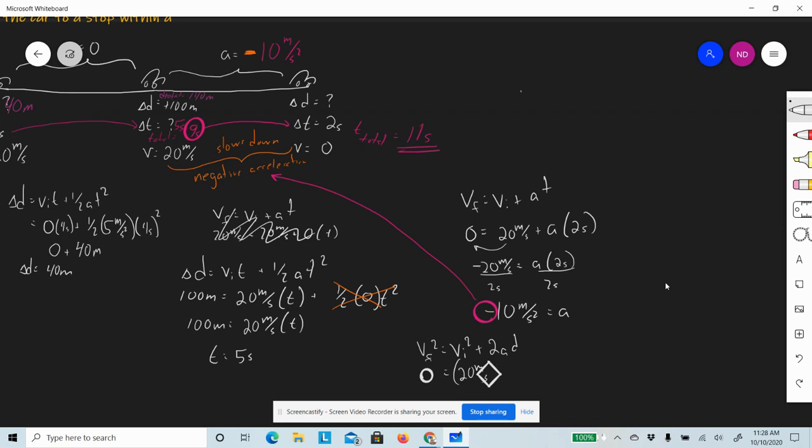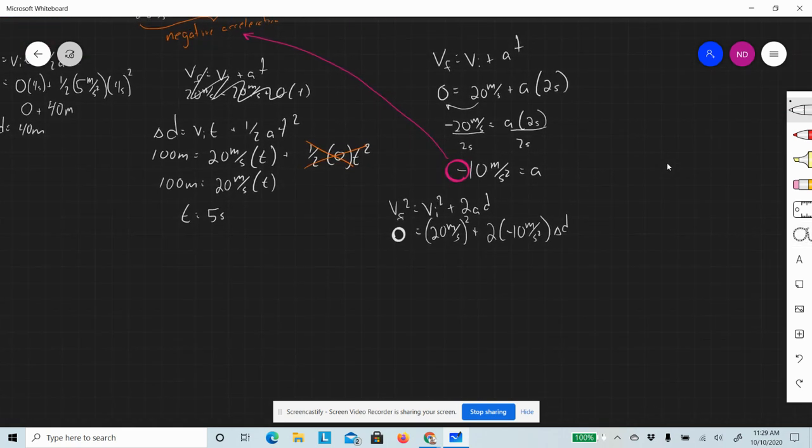Plus 2 times the acceleration, here minus 10 meters per second squared, times our change in distance. We do this arithmetic and we get 400 meters squared per second squared plus minus 20 meters per second squared. All this equals 0.